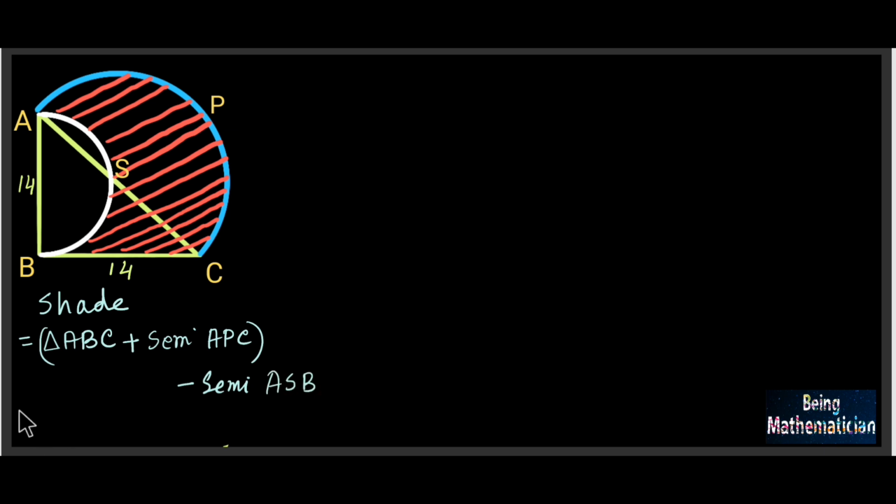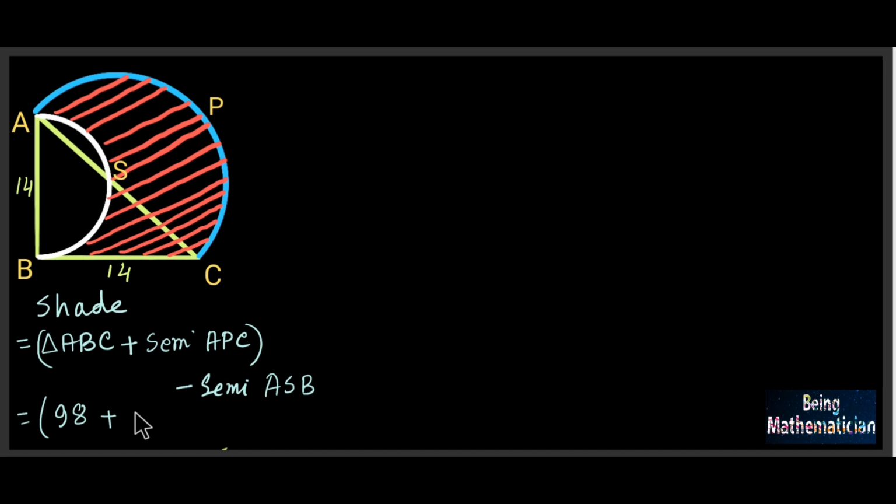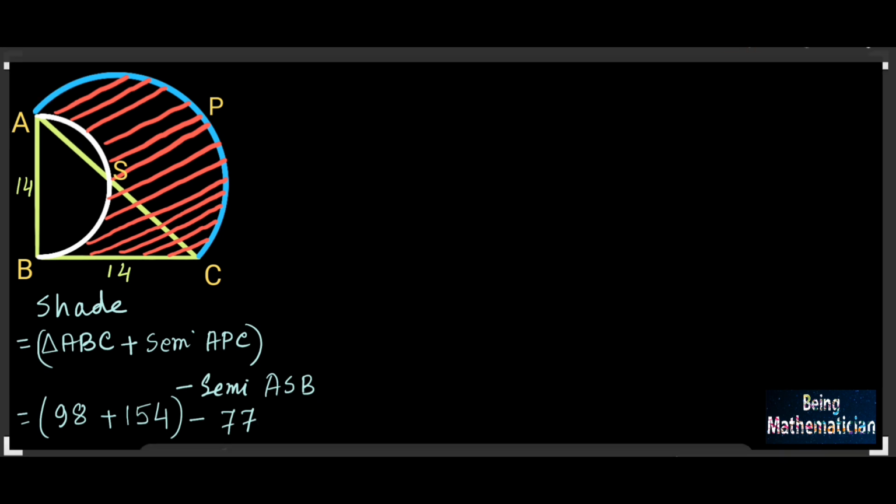So let's calculate this to find the shaded region. So triangle ABC has area 98, so we can write 98 centimeter square. So the area of semicircle APC is 154 centimeter square minus semicircle ASB, and it is 77 centimeter square.